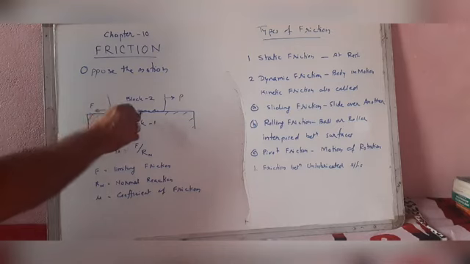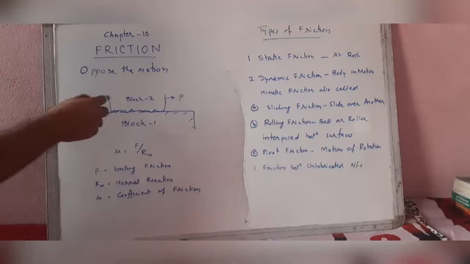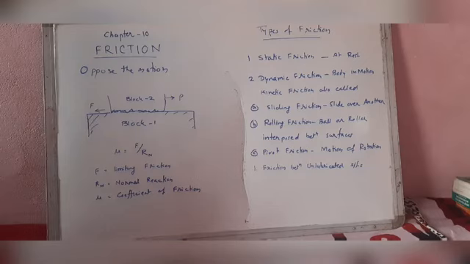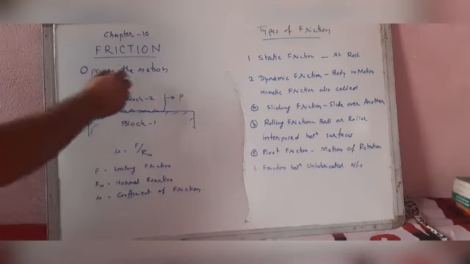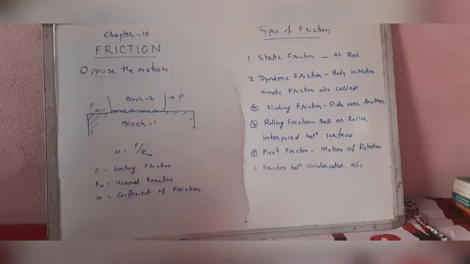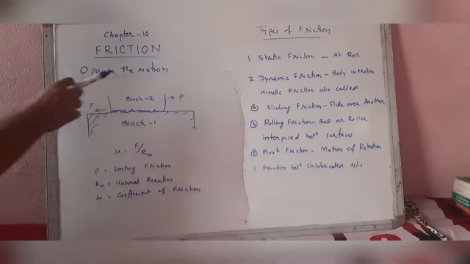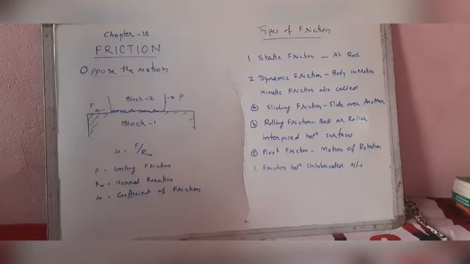Because of this interlocking or irregularities, the surface opposes with a force in the opposite direction. This opposing force, which acts in the opposite direction to the motion, is called force of friction, or simply friction.